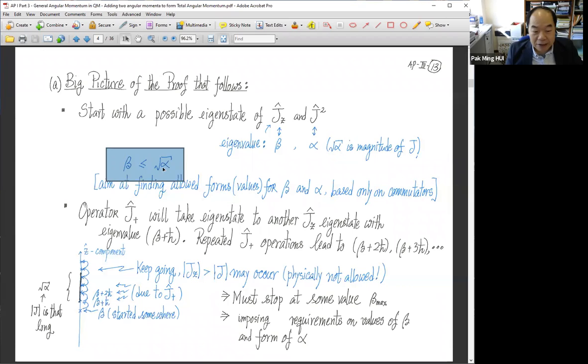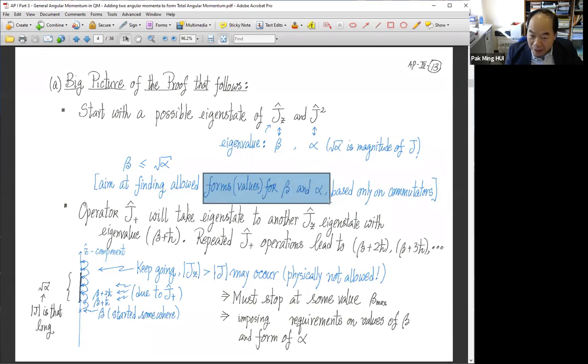So that is the criterion that will set very stringent requirements on the form of the eigenvalues beta and alpha. This is for Jz, this is for J squared. It turns out that this very simple requirement will give us very important results regarding the mathematical form of beta and alpha.